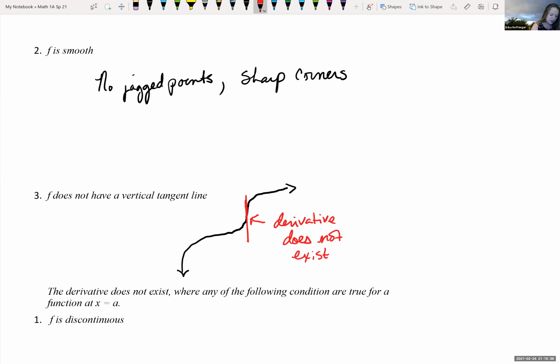The other condition where you could have a vertical tangent line is if you have vertical asymptotes. So if we came up like this, notice as x is approaching a, that tangent line is vertical.